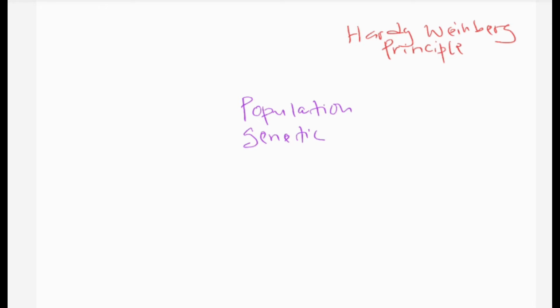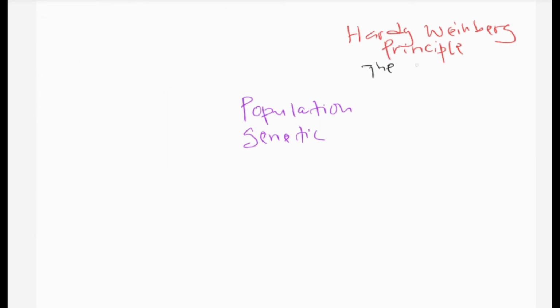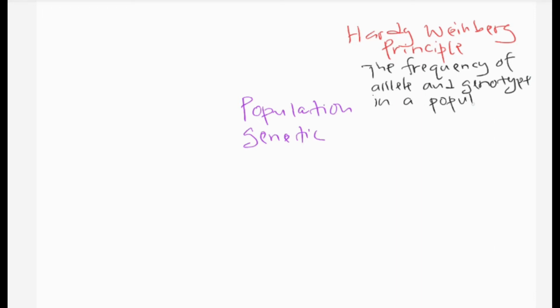Hardy-Weinberg's principle states that the frequency of allele and genotype in a population remain constant from one generation to another generation.